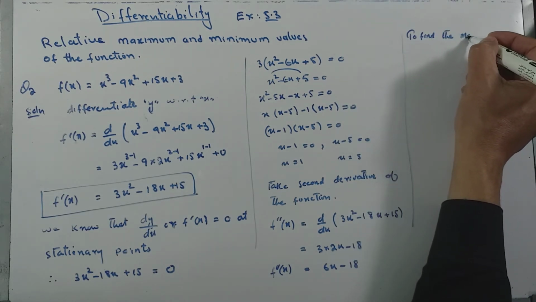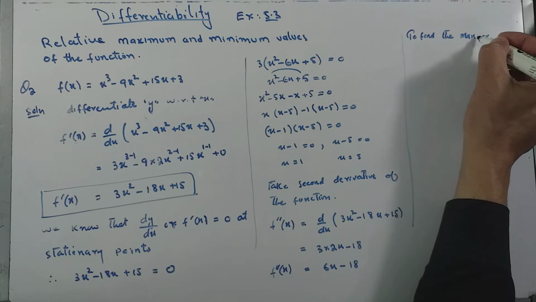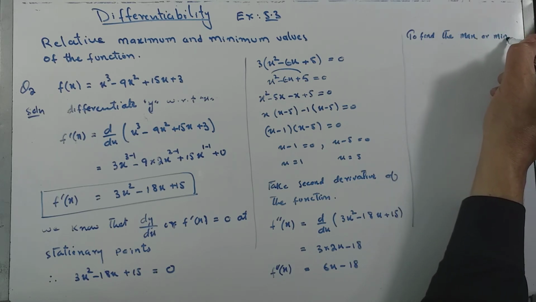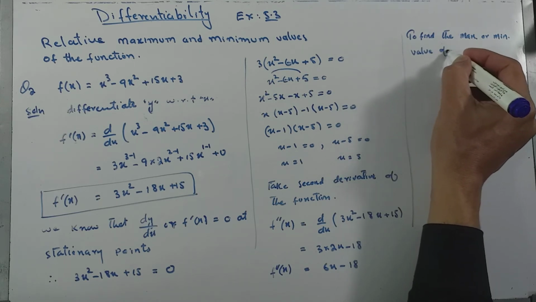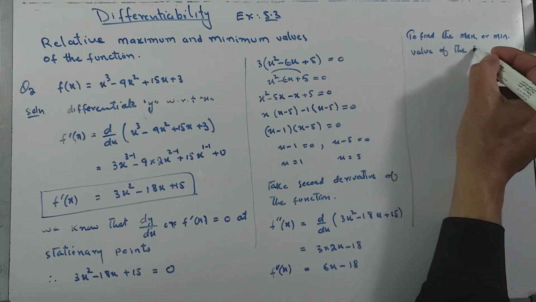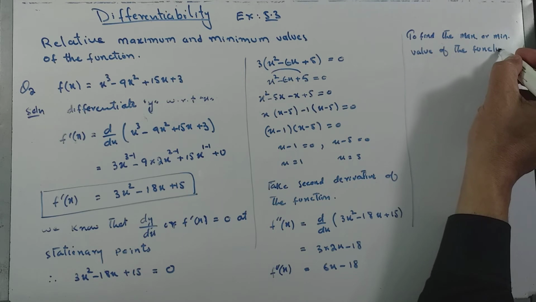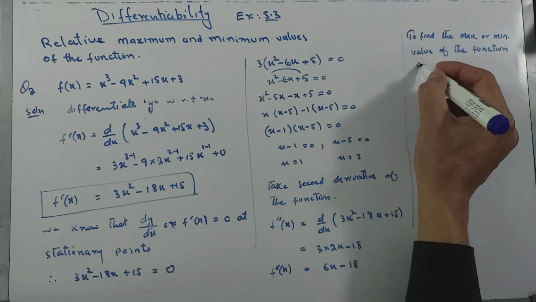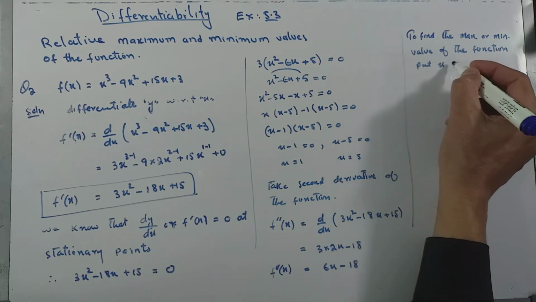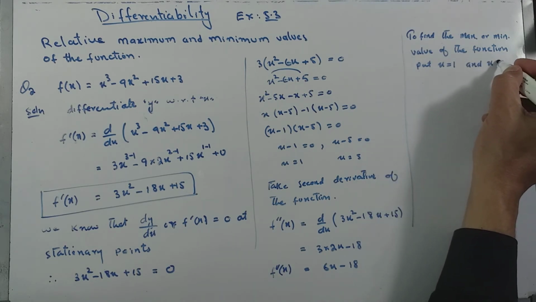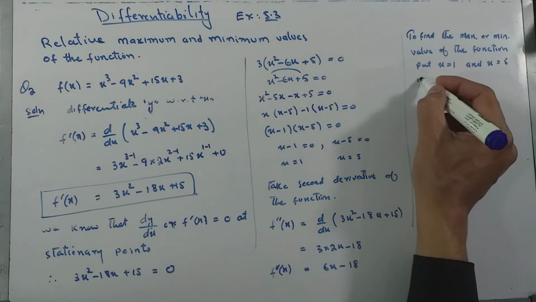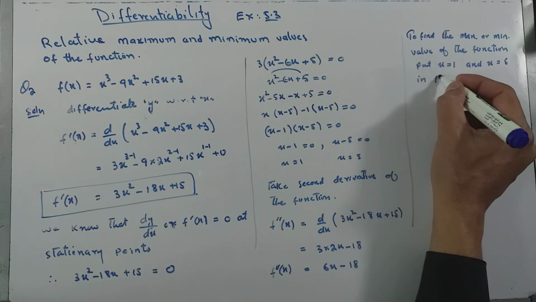To find the maximum or minimum value of the function, put x is equal to 1 and x is equal to 5 in the second derivative.